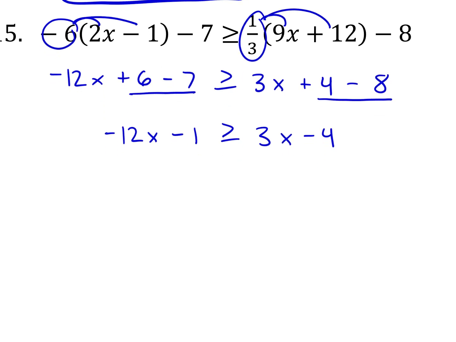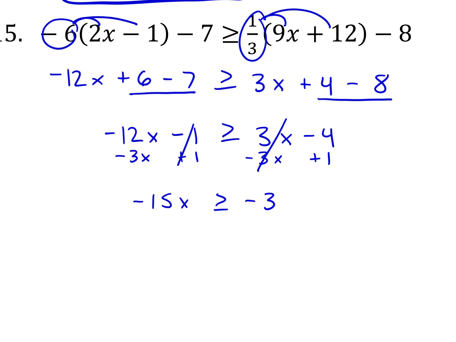What's next? I'm going to subtract 3x to move it to the other side, and I'm also going to add 1. So move our x's to one side, constants to the other. So we have negative 15x is greater than or equal to -3.